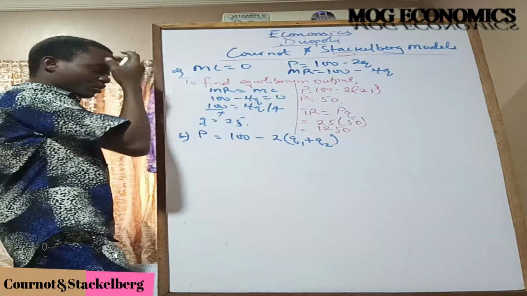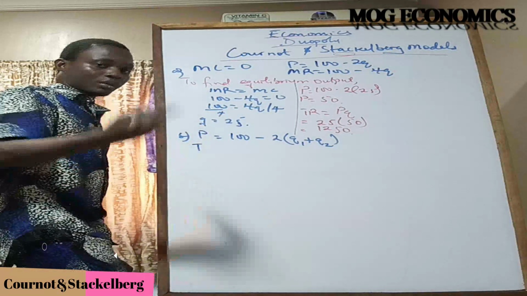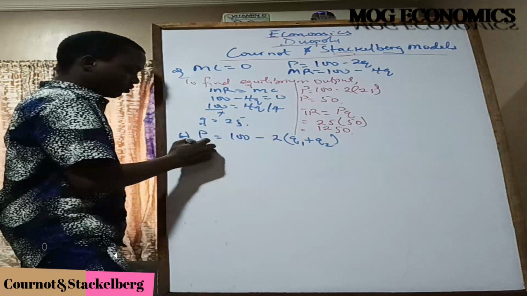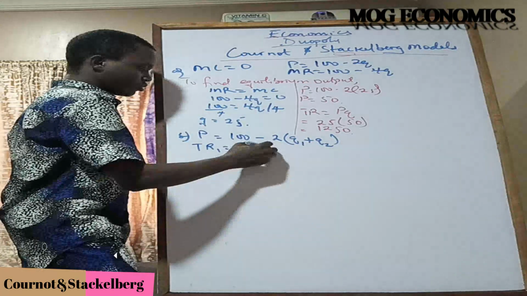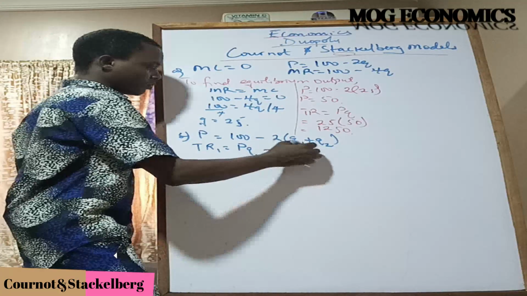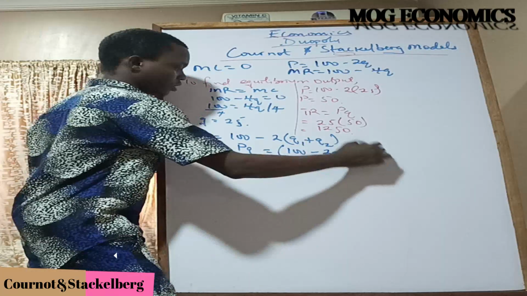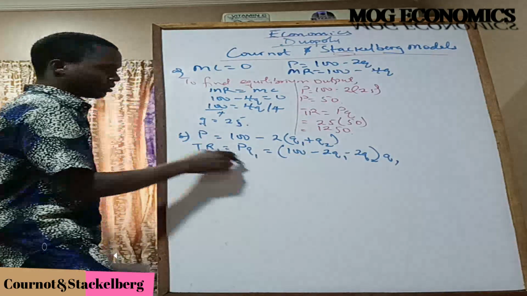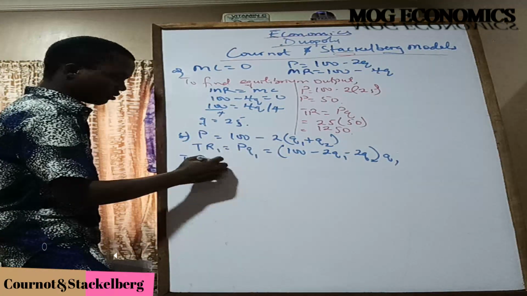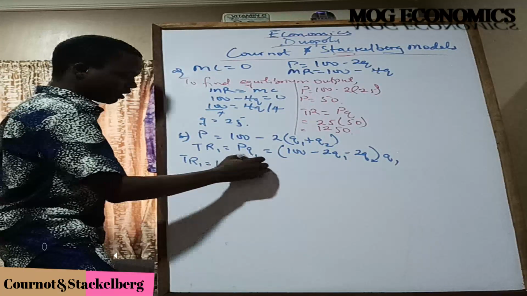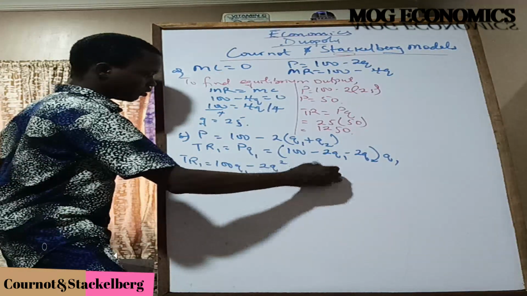We are going to be doing partial differentiation here. But first, let's find TR1 because we need MR1 and MR2. TR1 equals PQ1, which is equal to 100 minus 2Q1 minus 2Q2, multiplied by Q1. I'm looking for Q1 first. So my TR1 is equal to 100Q1 minus 2Q1 squared minus 2Q2Q1.